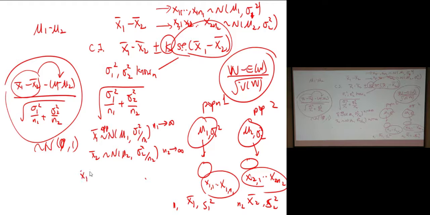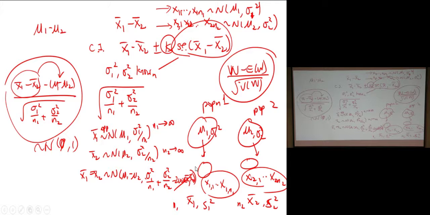So therefore, the difference, again, will follow normal distribution with mean mu1 minus mu2 and sigma 1 square over n1, sigma 2 square over n2, minus, what is the term here?